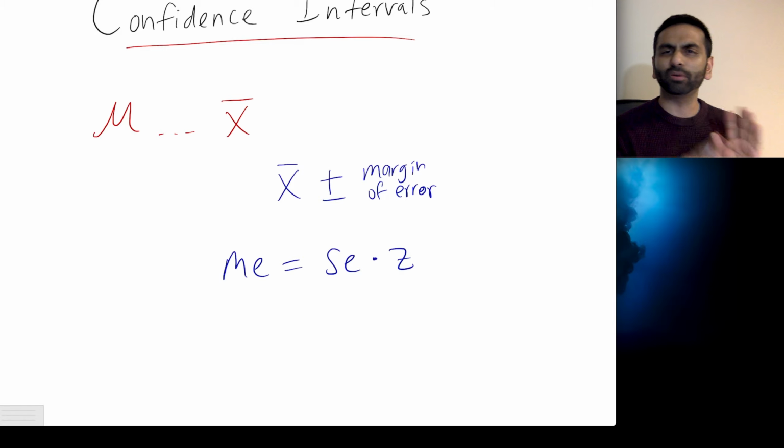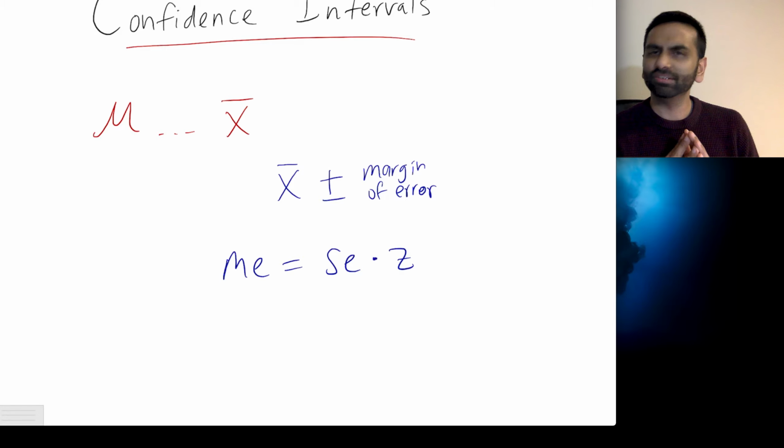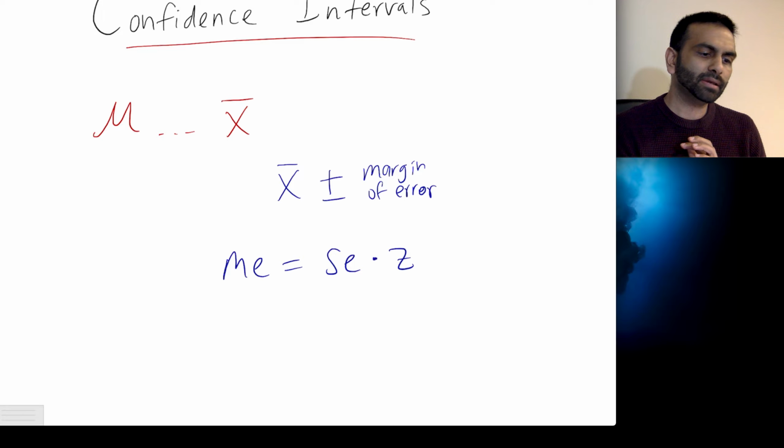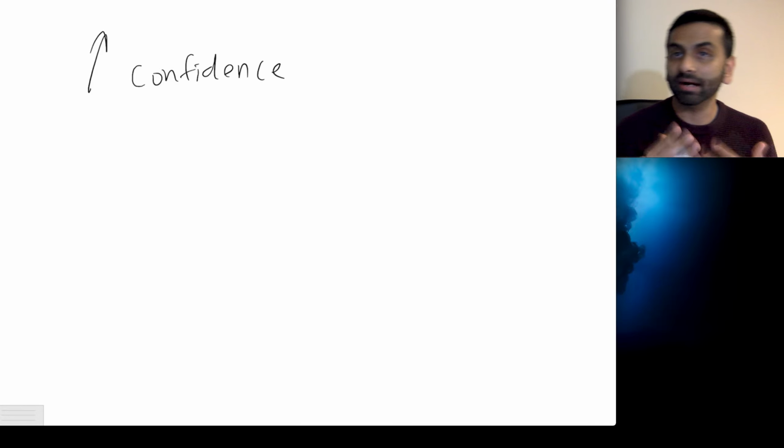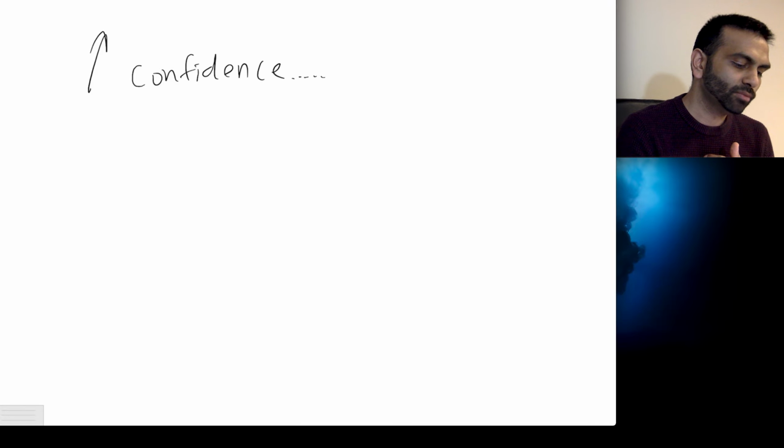So first of all, before we get into the weeds with this, conceptually, if you want to be more confident that your one true mean is somewhere in this interval, the only way to be more confident, without collecting a higher sample size, is to have a wider interval.